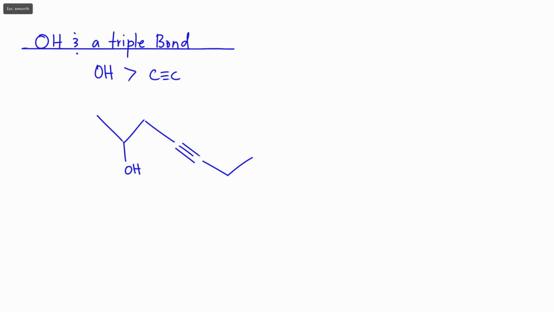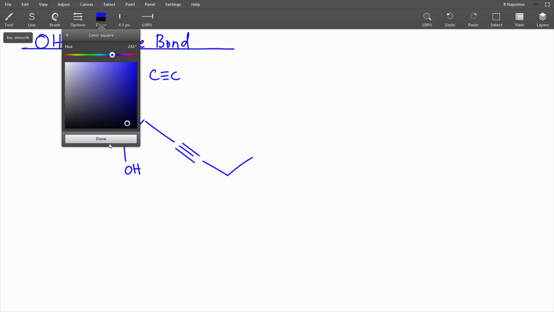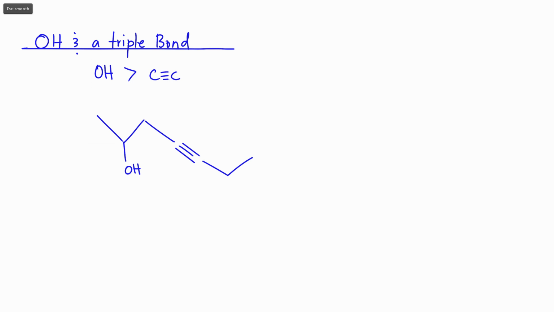I'm going to circle the longest chain, so I want the alcohol to come first, numbered first or have the lowest number.